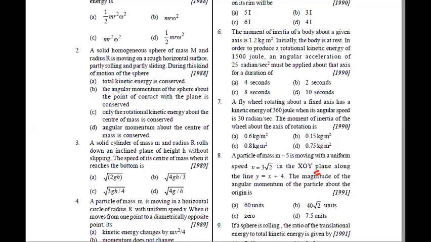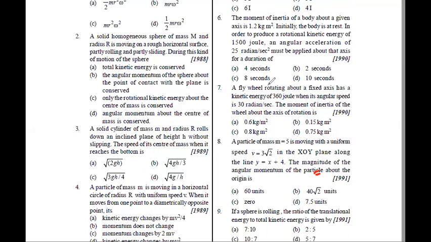Okay, eighth one, everyone. Question number 8. A particle of mass m equal to 5 is moving with uniform speed this in the XOY plane, means XY plane, right? Along the line this. The magnitude of angular momentum of the particle about the origin is? Tell me.